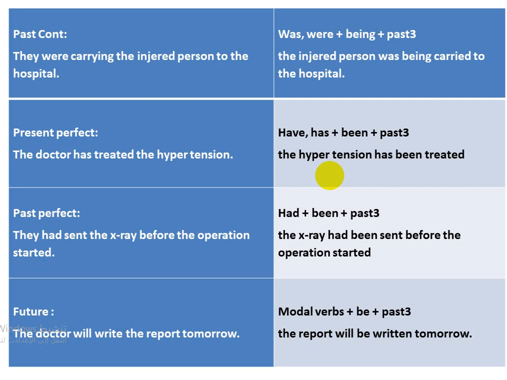Hypertension and hypotension. What do hyper and hypo mean? Hyper means high, hypo means low. Okay. So in those diseases we have prefixes, not suffixes. Hypo is a prefix. What does prefix mean?